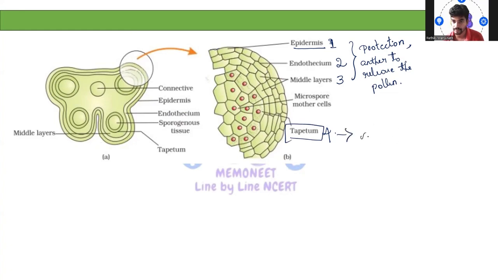Nourishment. That means, as you can see, there are microspore mother cells which are going to produce the pollen grains, right? For the development of pollen grains, some nutrients are required, right? That nourishment is actually provided by the tapetum. So nourishment is the major thing. Okay.